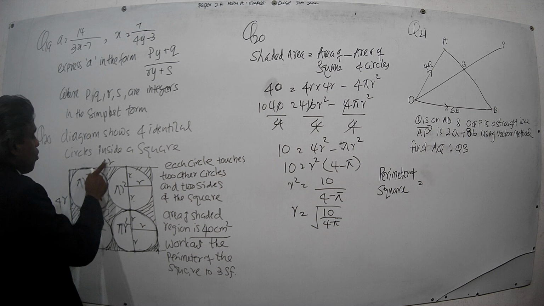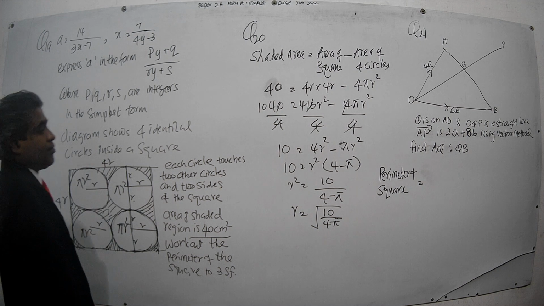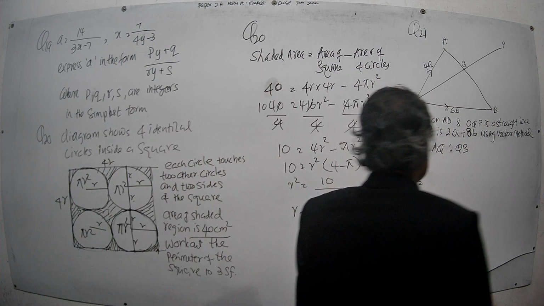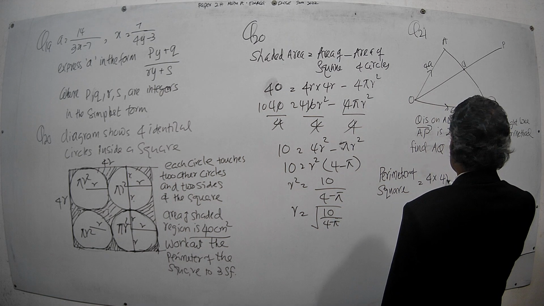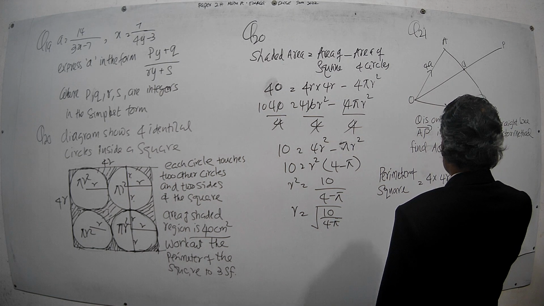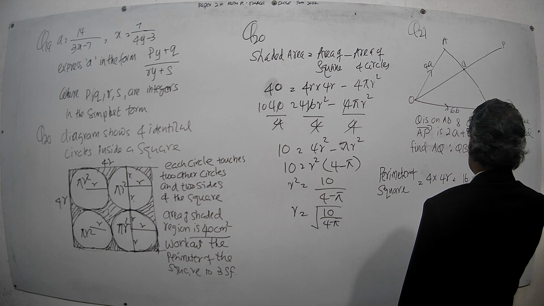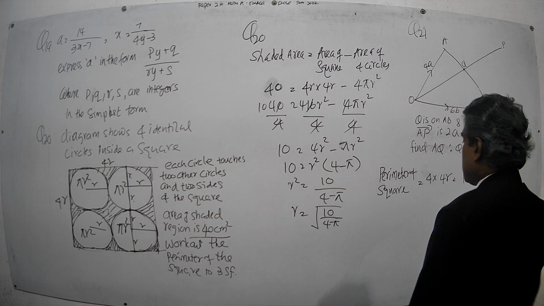Then there are 4 4r's. That is 4 into 4r. That means how much? 4 times 4, 16r. Then that is the perimeter, right?